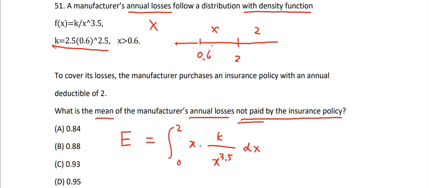Then plus, from 2 to infinity, you need to pay 2, so these 2 are not paid by the insurance company. So it is just like that: k over x to the 3.5 dx.